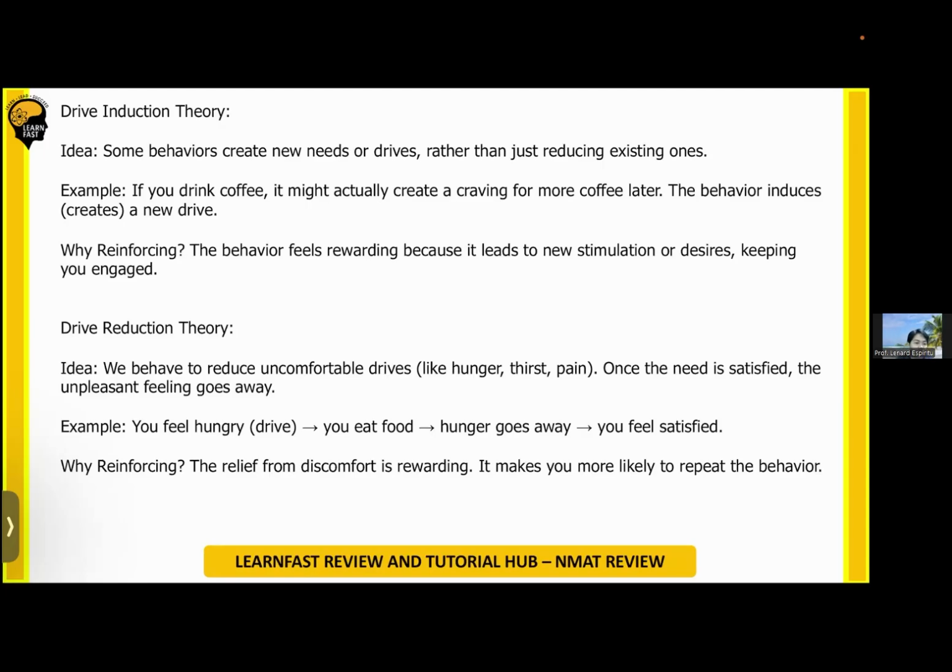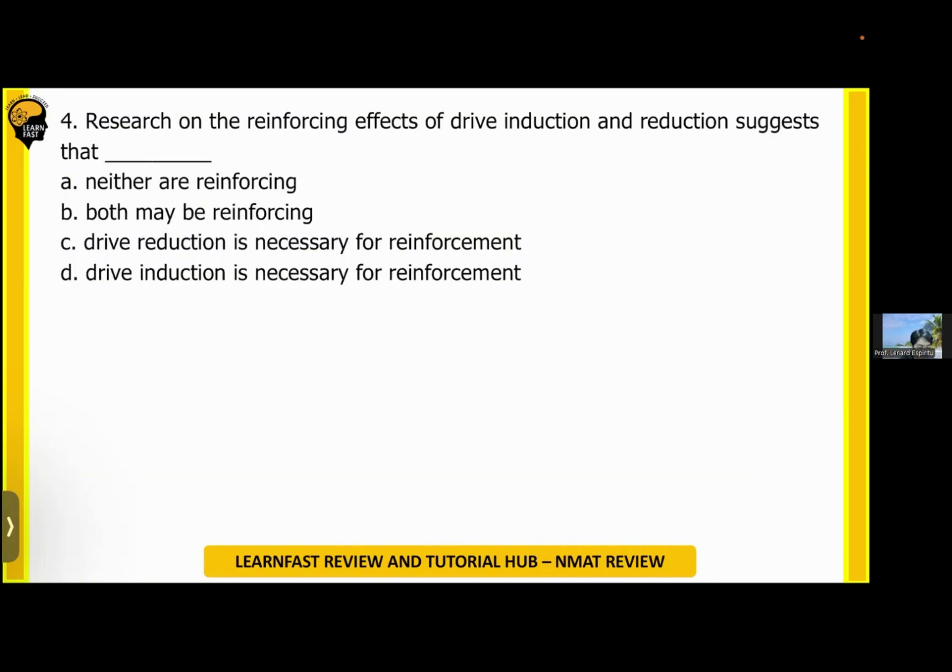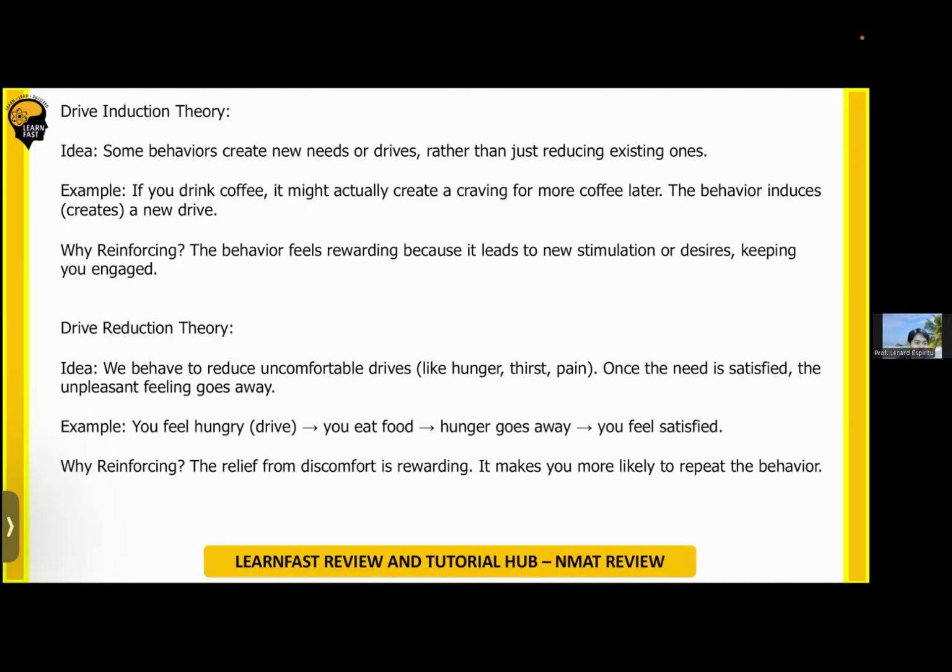The relief from discomfort is rewarding, so it makes you more likely to repeat the behavior. So, reinforcing effects of drive induction and reduction suggests that both may be reinforcing. So induction and reduction can both reinforce behaviors.